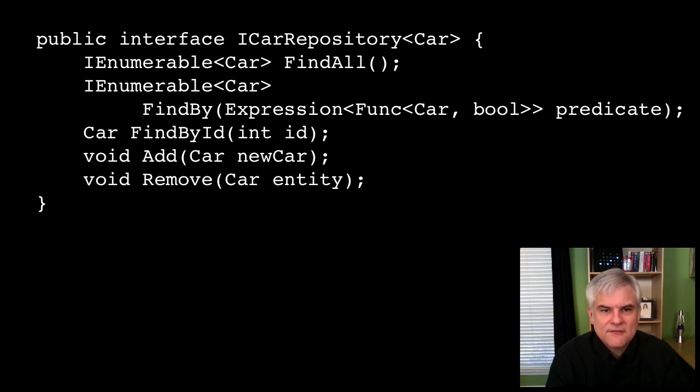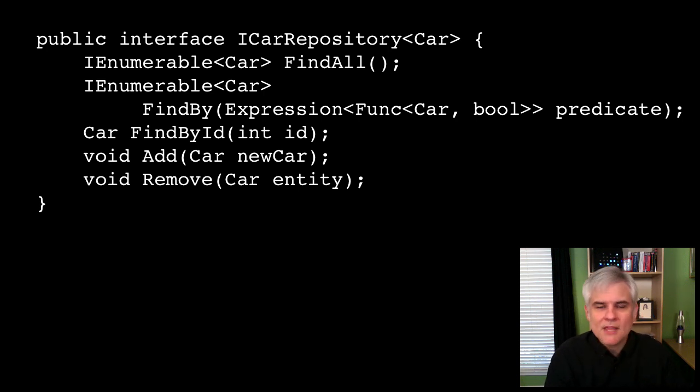You can see that it defines about 5 different methods. Some of these start with the word find, so there's find all, find by ID. And then there are also methods to add, remove, and so on, cars from the repository, or actually the storage underneath. So it would be the insert and delete methods.